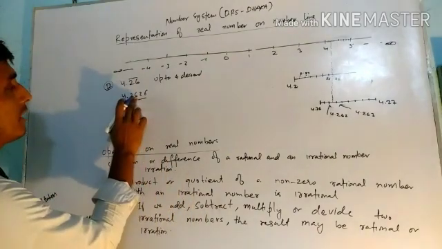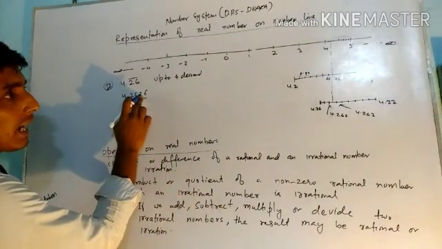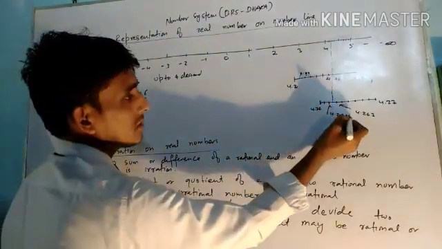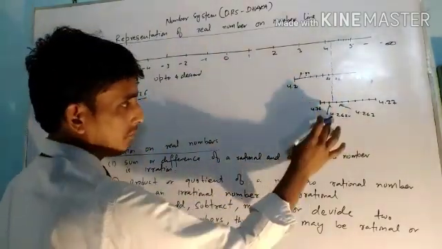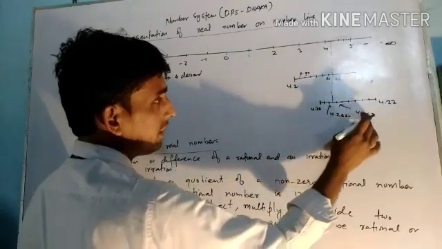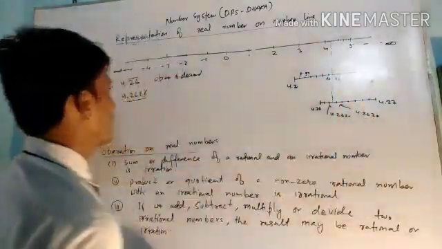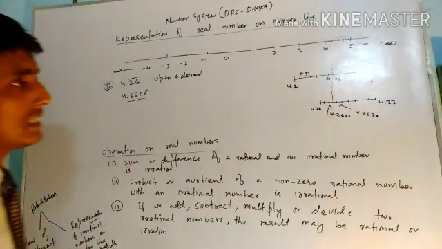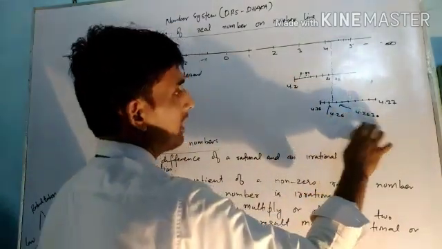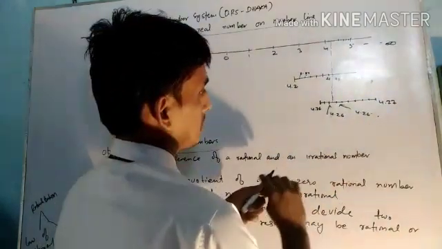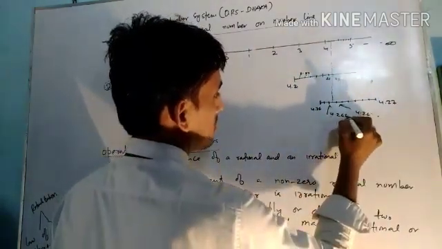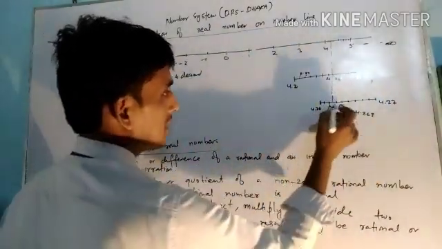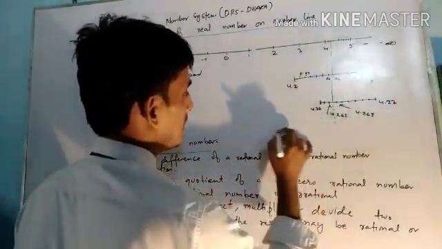Or you can say between 4.2620 and 4.2630, because you can give 0 here. Our number is 4.2626, so it is lying between 4.2620 and 4.2630. So again we will magnify this.